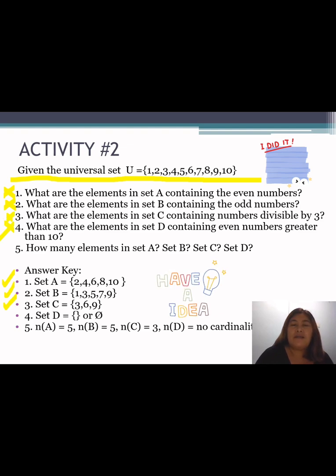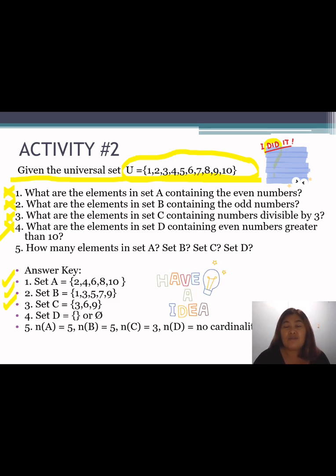What are the elements in set D containing even numbers greater than 10? So, is there any number that is greater than 10 in our universal set? What do you think? There is none, right? None. What are the numbers that are greater than 10?